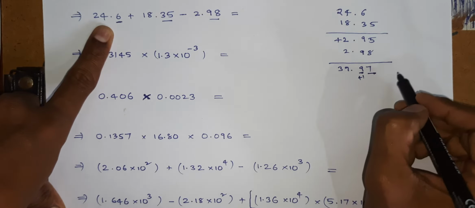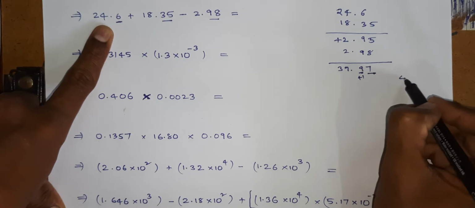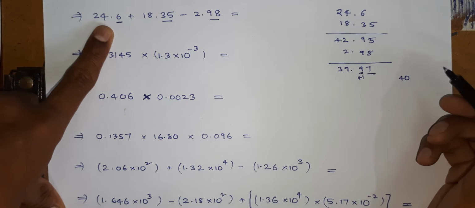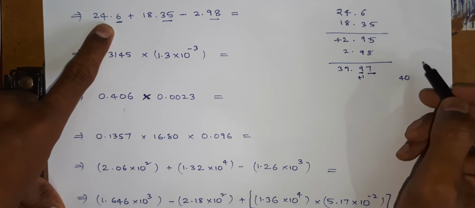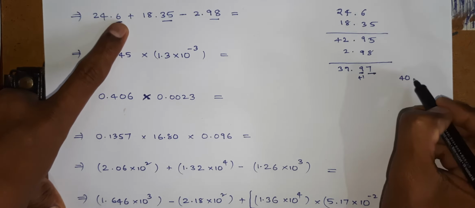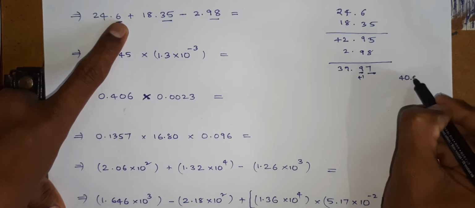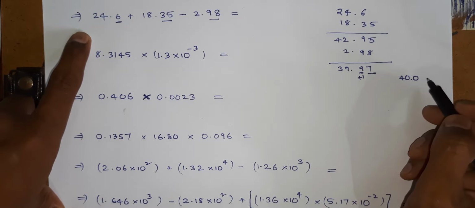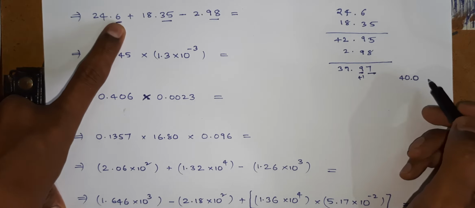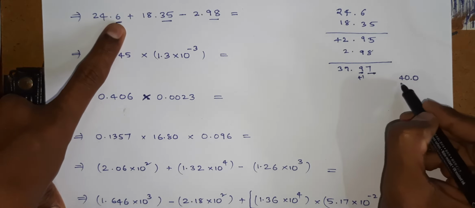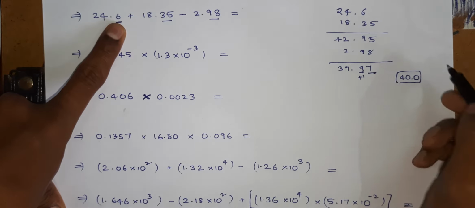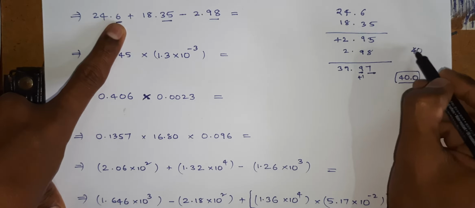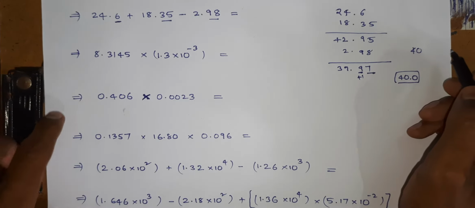So finally you will get 40, but you have to show it in one decimal place: 40.0. So the answer should be in the least decimal places. 40.0, you never show it like just 40.